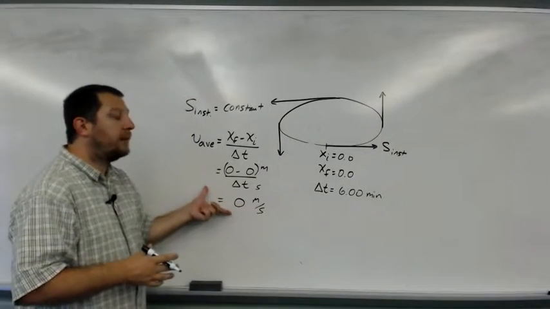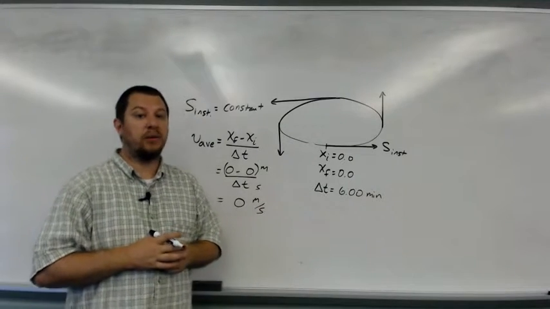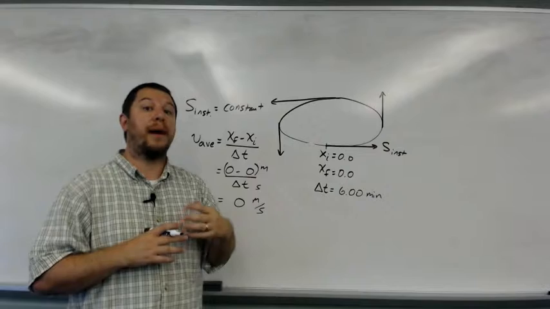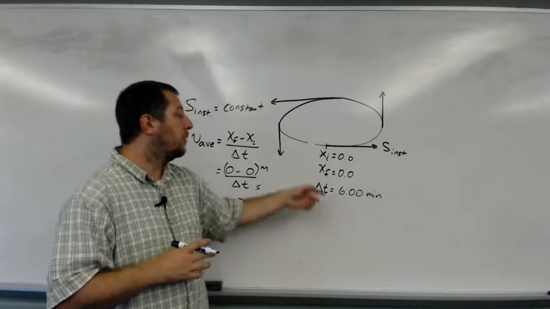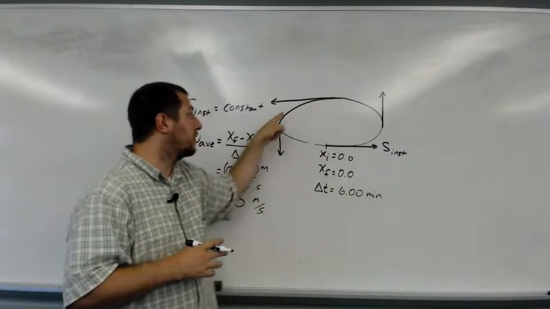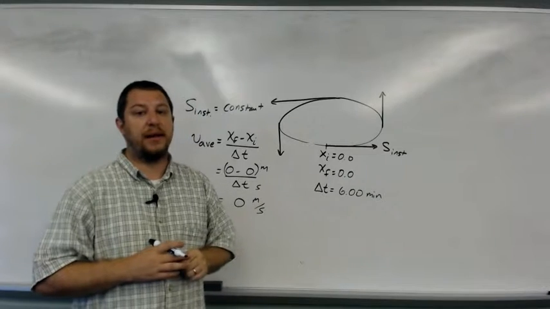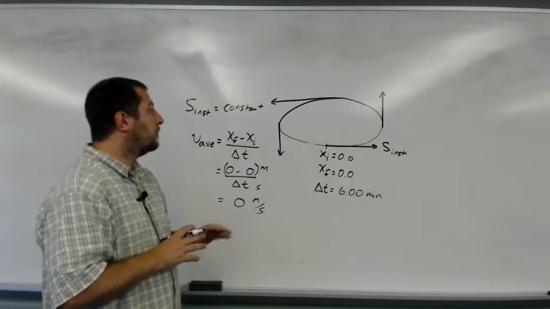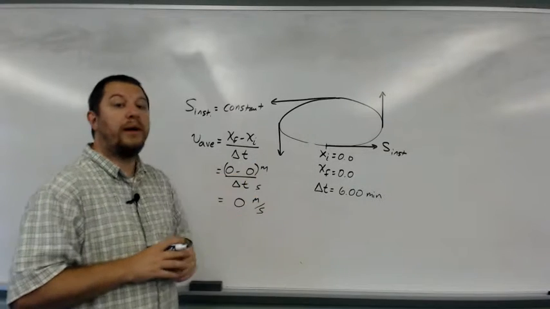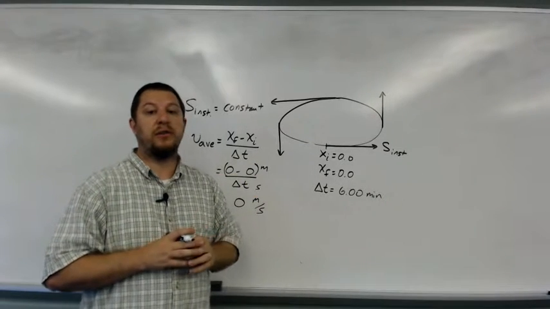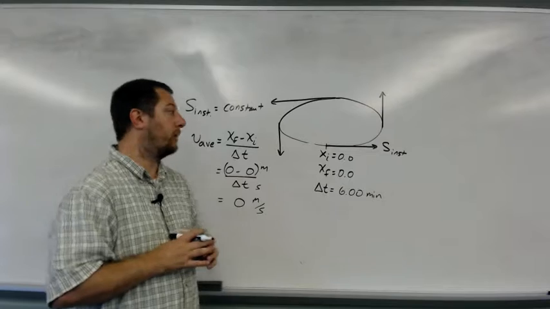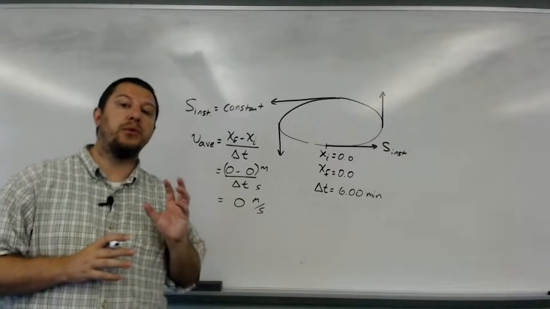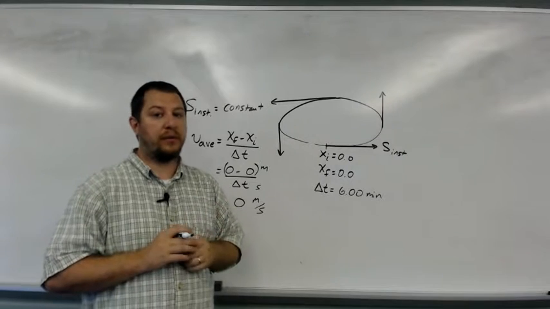That is why my average velocity is going to be 0 for the entire trip around the track, even though my average speed would be 400 meters divided by 6 minutes. Okay, so that is one way in which the vector nature of velocity is extremely important. When we're talking about velocity, I have to take into account the direction.